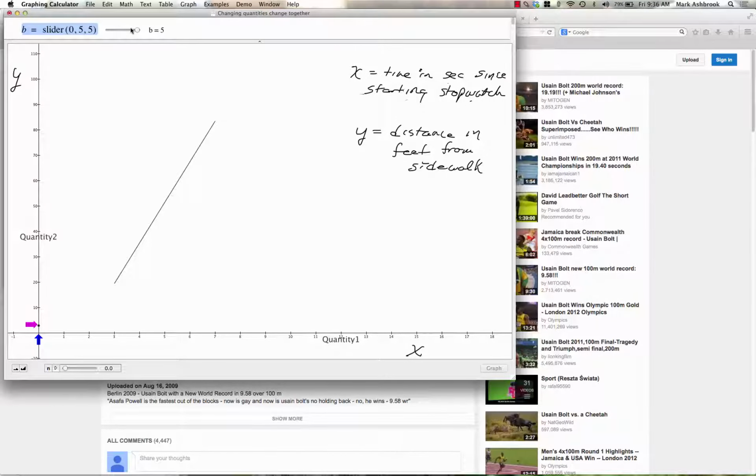So as time increases, so does the distance, and we get all these points. And that creates a graph. We think about this graph emerging as time goes by, and we're building this set of points that represents the relationship of the distance and the time.